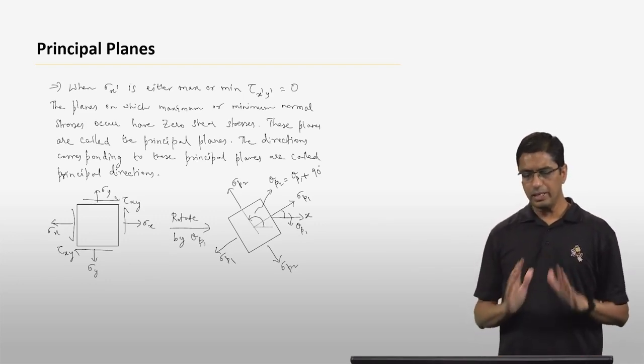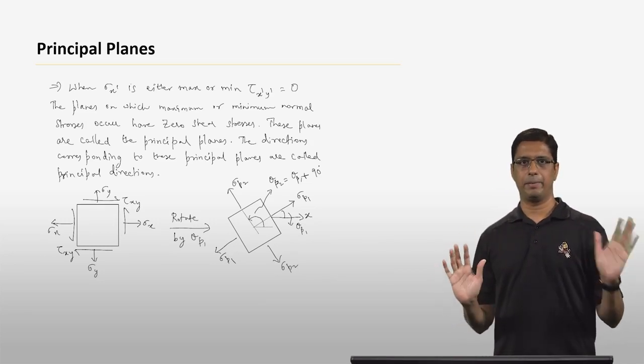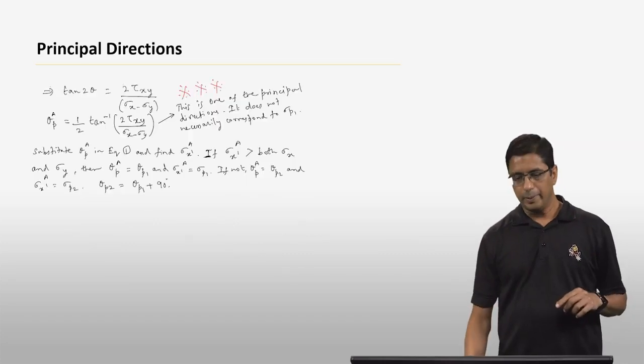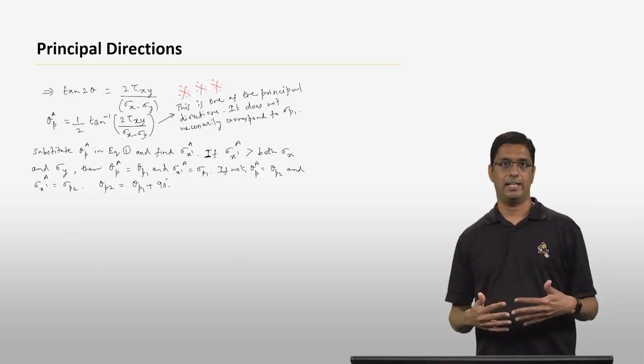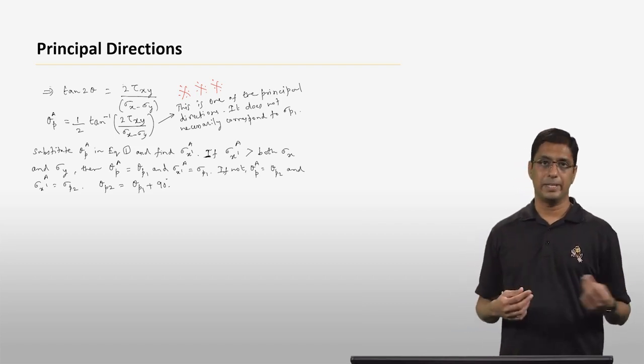Now, this is the cartoon picture of how you get sigma p1, sigma p2, theta p1 and theta p2. But if you want to figure out which one is going to be theta p1 and which one theta p2, there's a particular way to do it.